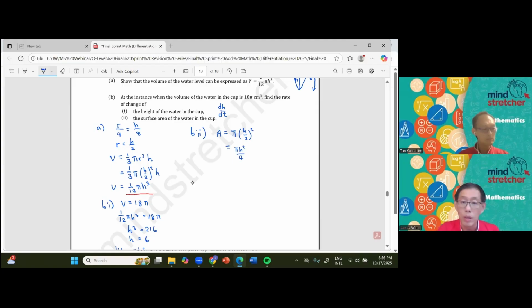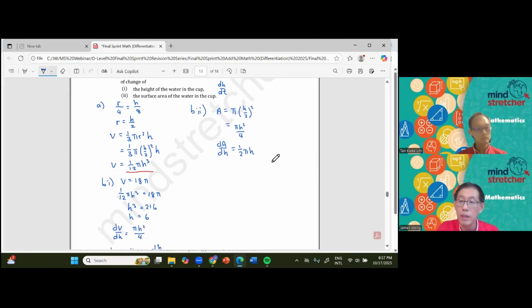So once I got that, I can find my rate of change of area with respect to h, dA/dH. This is a simple differentiation, so it will give me 2 over 4, which is half, pi h. Once I got this, I will have to write down my chain rule.